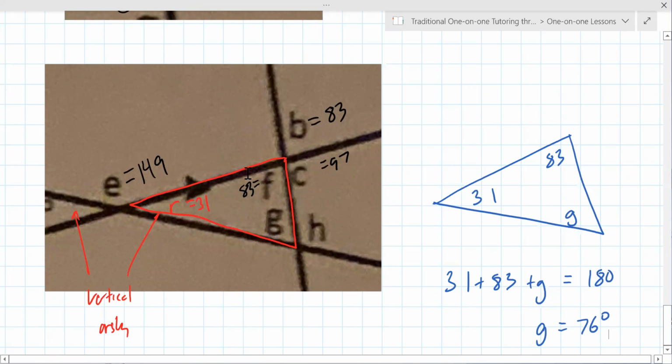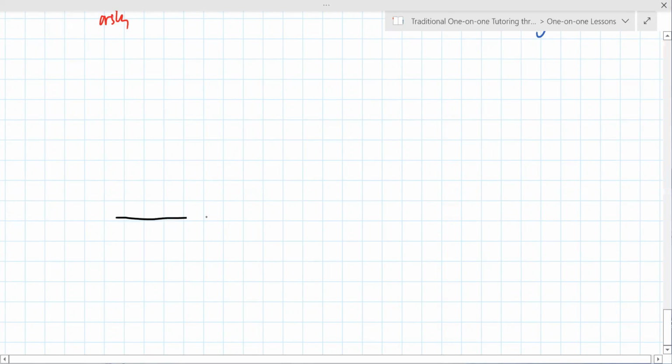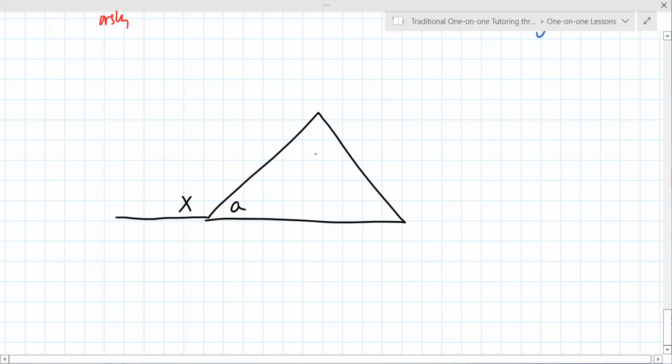I'm not sure if I have either. Could you write out the formula for it, if there's a formula? Let me go down here a little bit. It goes like this: if this is X, and this is A, B, and C, then X equals B plus C. Does that look really familiar?